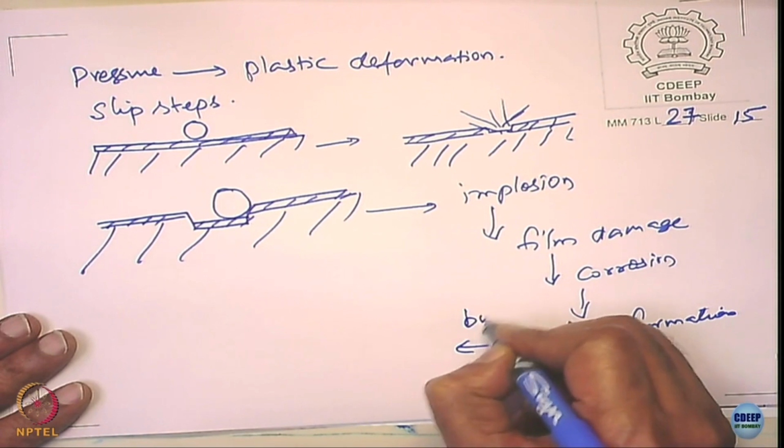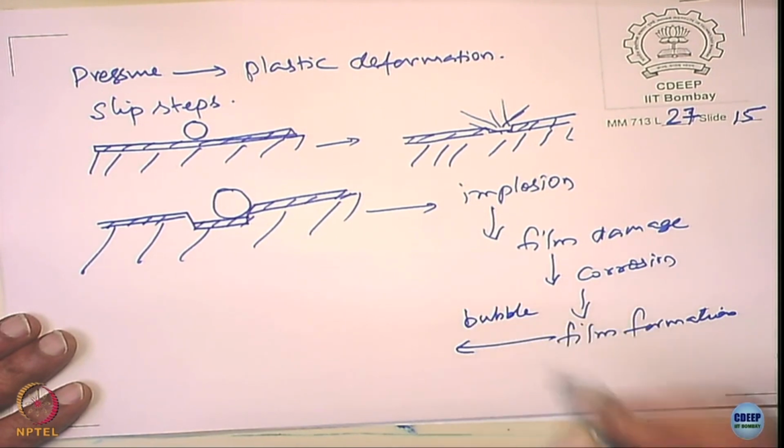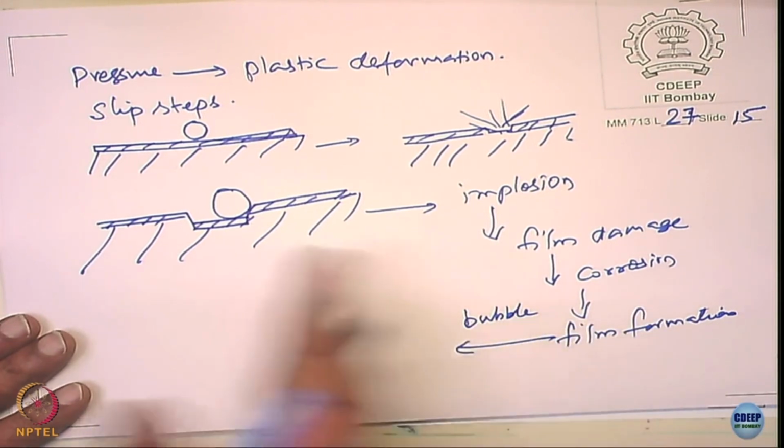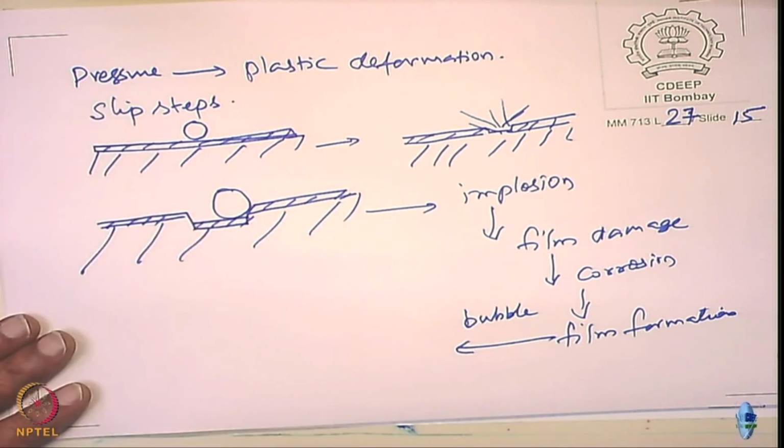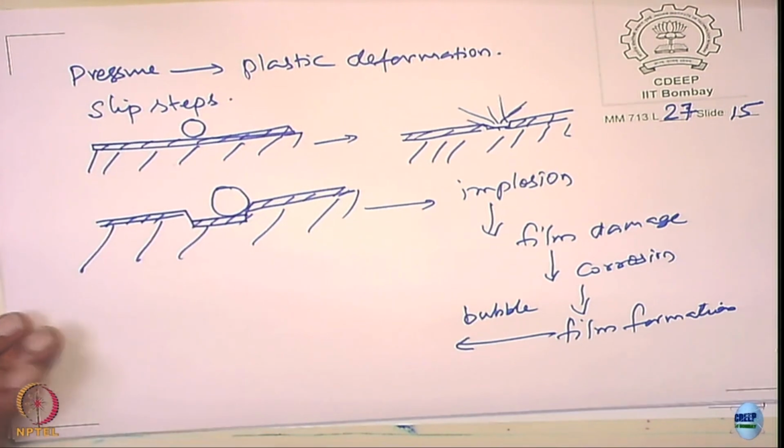Again a bubble will come and form on the surface, so the process continues. So, the pit grows primarily because the surface becomes rougher, and it becomes easier for the bubble to sit on the surface. Please notice that the implosion by itself is not a problem. If it happens within the liquid, I have no problem. It is only when it happens on the surface that it causes the damage.